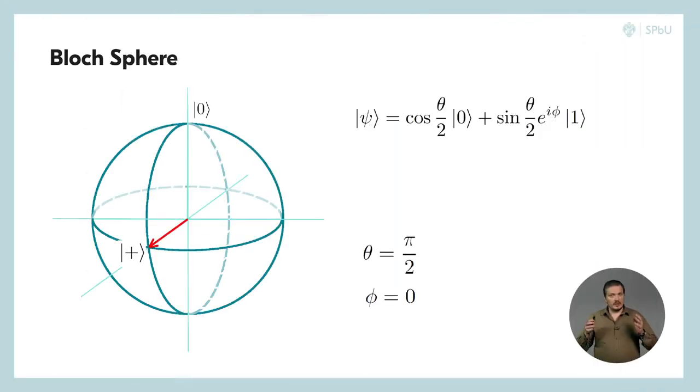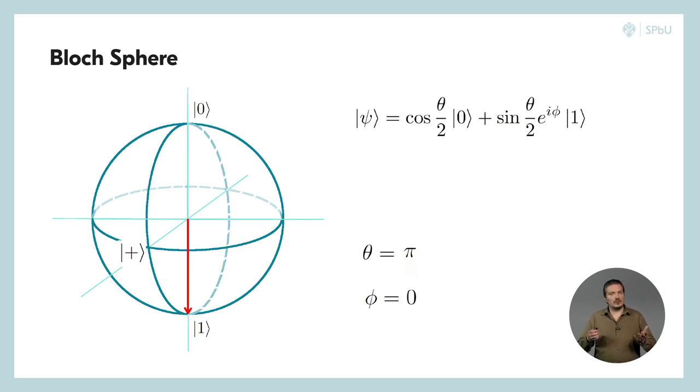Now, when angle theta reaches pi divided by 2, we have this point on the equator with 0 longitude, which corresponds to the vector plus. And when the angle theta is pi, we have the state on the bottom of the sphere, which corresponds to the state 1.